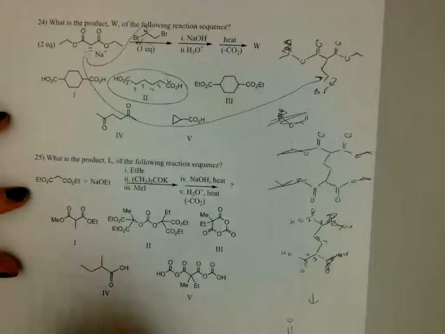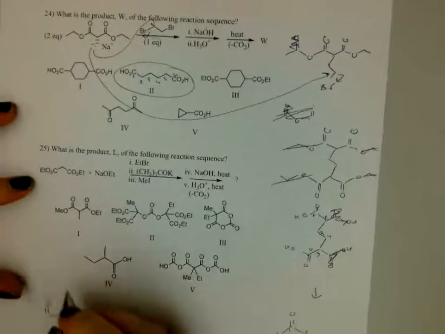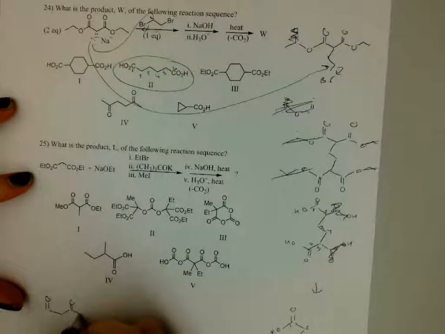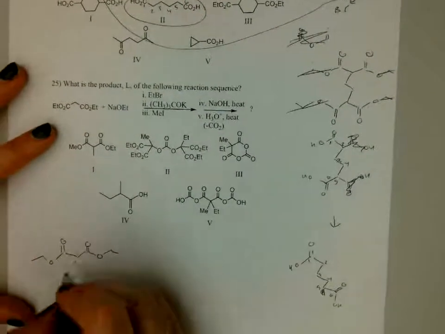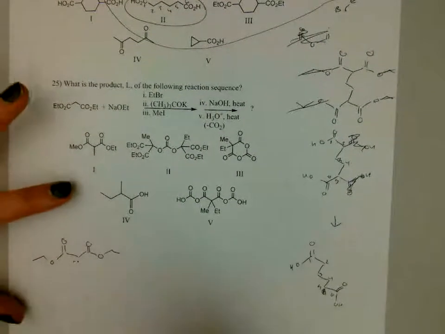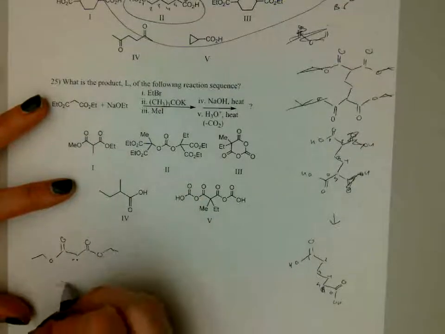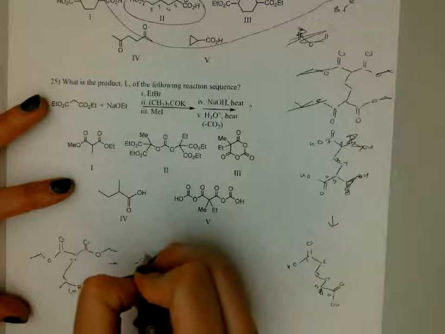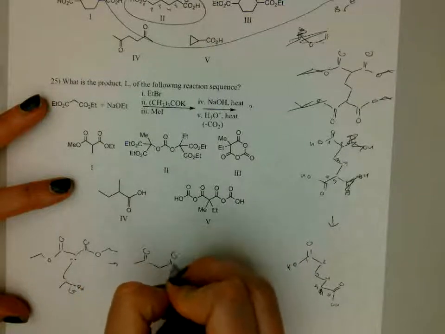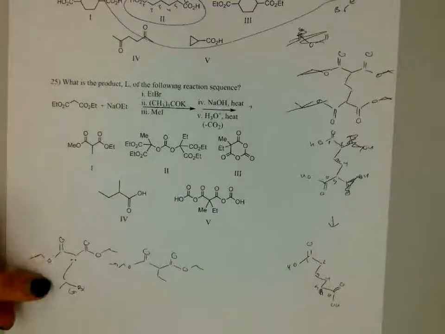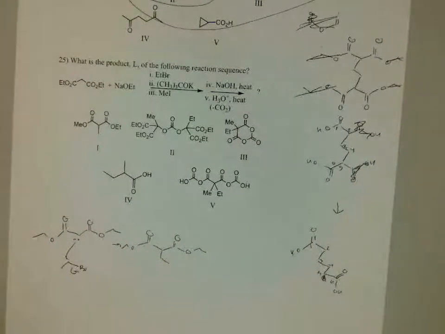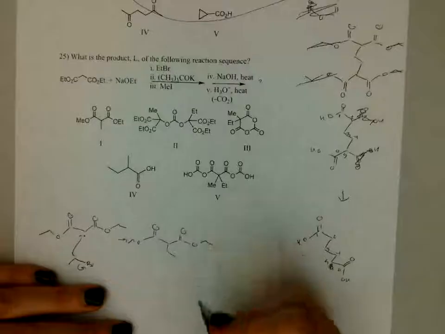Okay, and the very last one, this is another malonic ester question. Looks like this. And then they use the base to get a lone pair right here, and then they react with ethyl bromide. So it's the same exact type of question. Again, you make a nucleophile and then you just do an SN2 reaction. It's easy as pie.